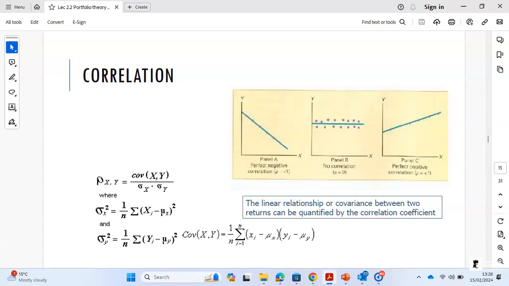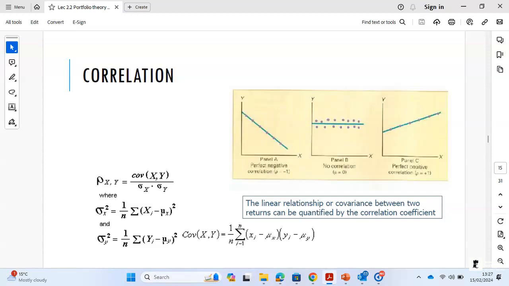What is this? It's the variance of stock 1, or stock X. We all know these formulas, right? If we take the square root of this, then we get the standard deviation. So standard deviation is simply the square root of variance.